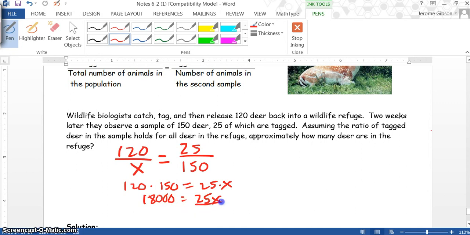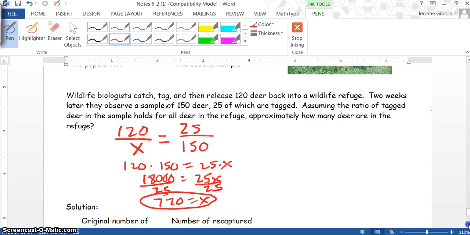Now we would divide each side by 25, and that would give us the population of 720. So 720 is equal to x. So we can assume based on this data that there are 720 deer in this wildlife refuge.